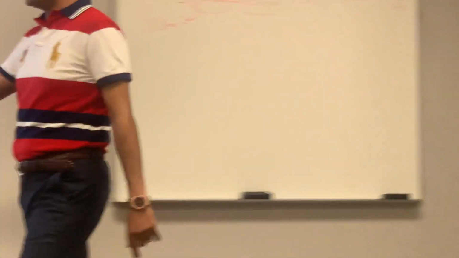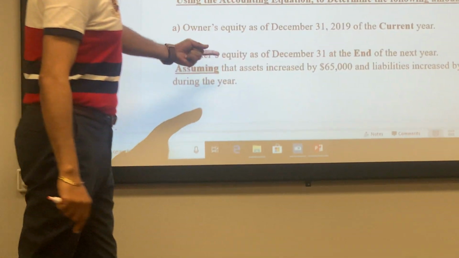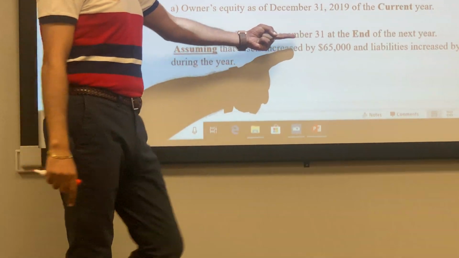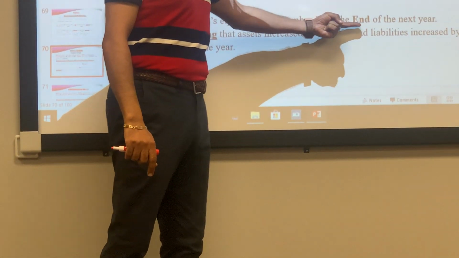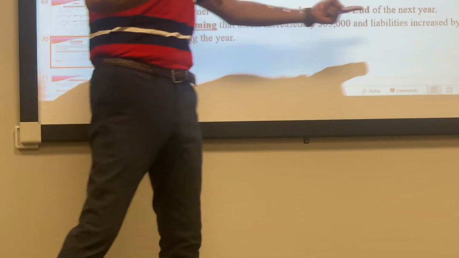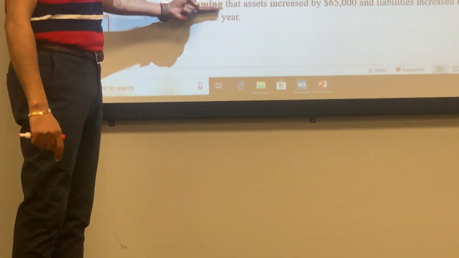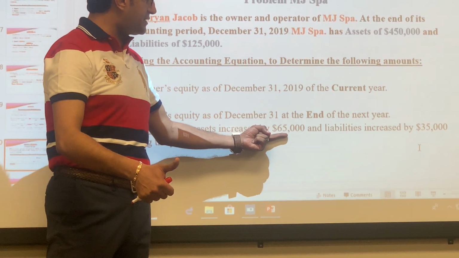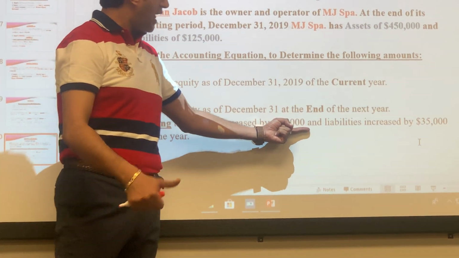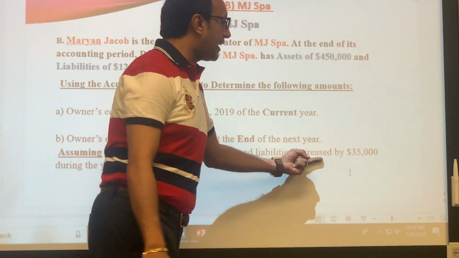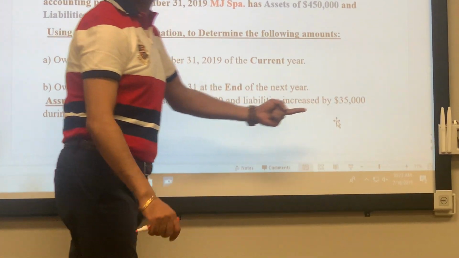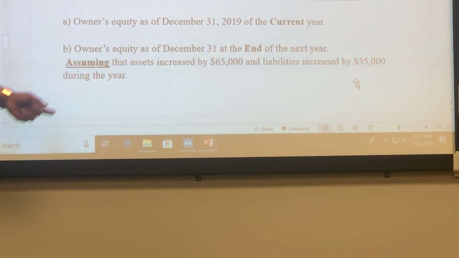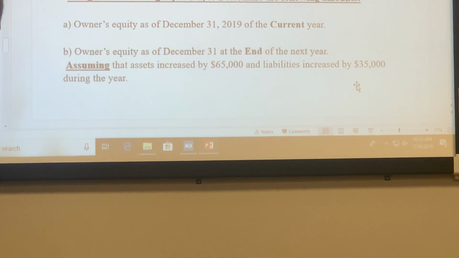So number two: owner's equity as of December 31 at the end of the next year, assuming assets increase by $65,000 and liabilities increase by $35,000 during the year. Here we have two accounts increasing.